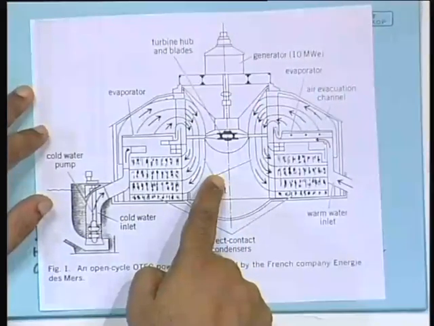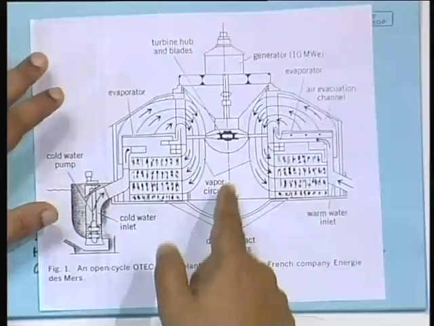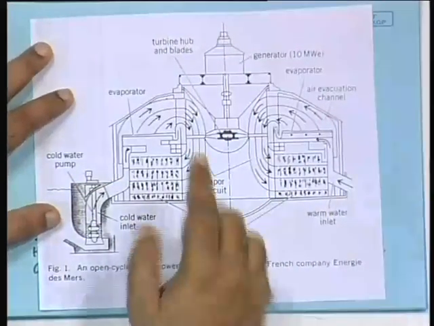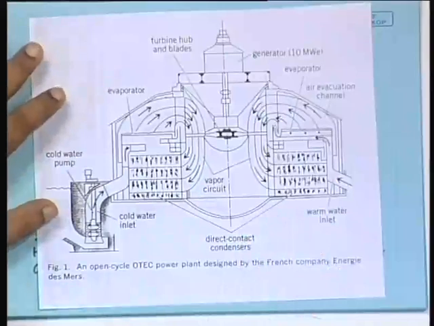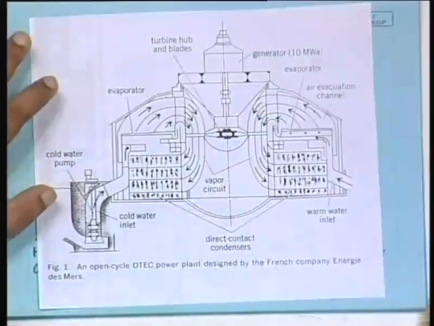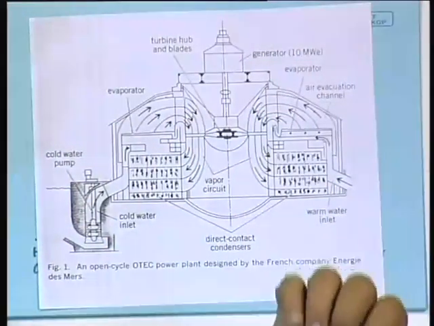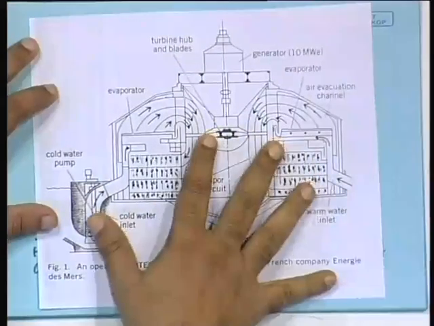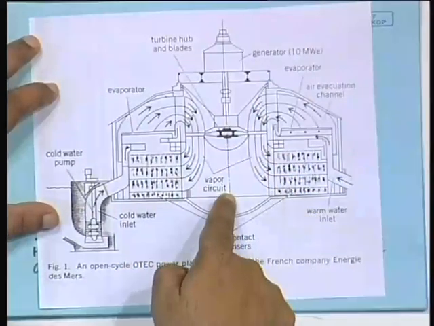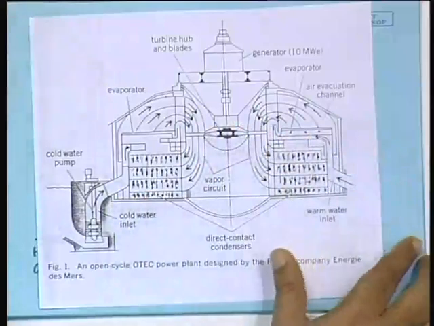The turbine blades would be of the size of this room, huge blades, that again are specially to be constructed for this specific purpose, and that is why the costs are so high. So unlike wind turbines, unlike photovoltaics, which have now become industrial products, thereby bringing down the cost, thereby making them competitive, here the OTEC system is not yet competitive because of this specific reason. The concept has been demonstrated, it works fine. Okay.